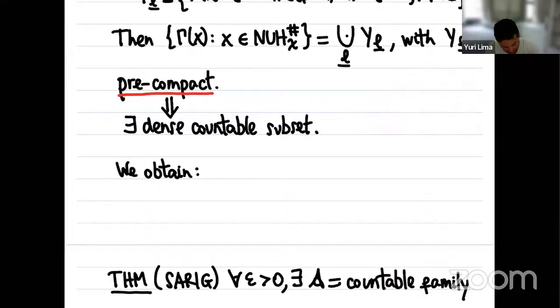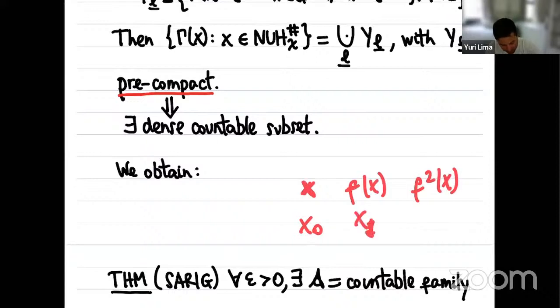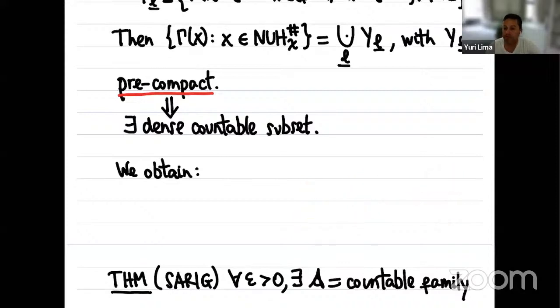And if you have an original trajectory, you look at the Qs they define, so you will be able to find an X0 which approximates the Q of X, an X1 which approximates the Q of F of X, an X2 which approximates the Q of F2 of X, and so on. Okay? So this is the idea.